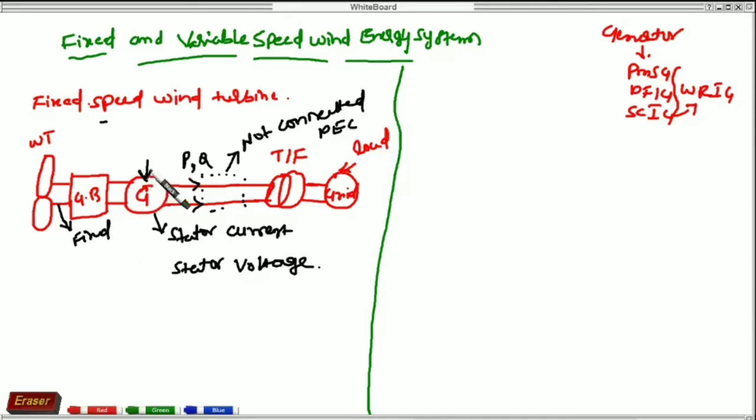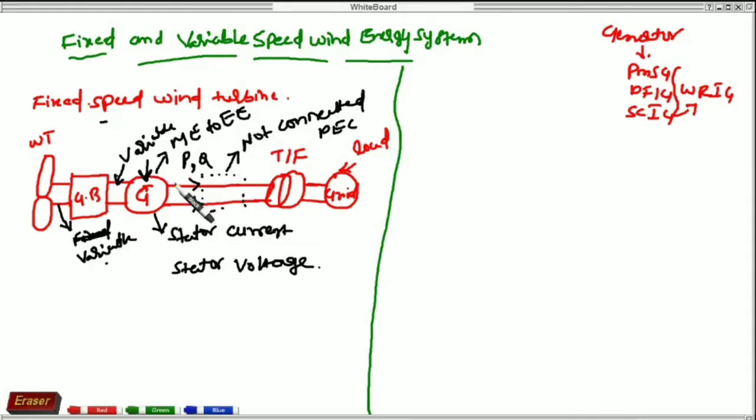Sorry, here it is variable wind speed, not fixed. This is variable speed. Here also variable, and it converts mechanical energy to electrical energy, right?